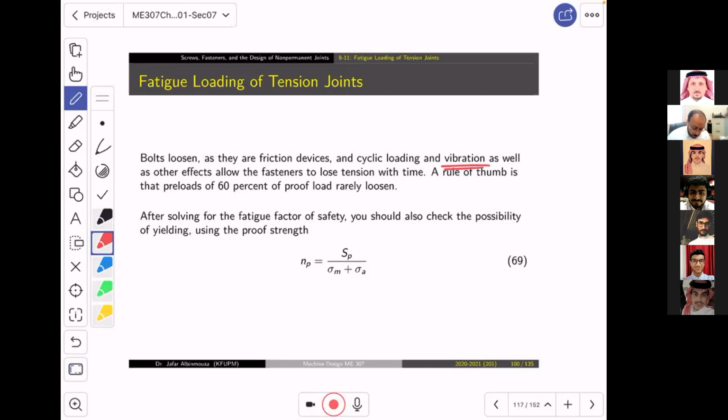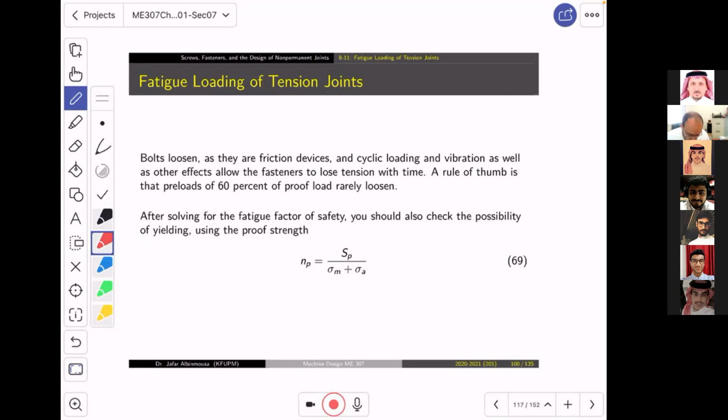And if you know, when you go to the machine shop for your car maintenance, there is a common term they use: the car needs tightening. What does that mean? It means that maybe some rubbers are broken, or some bolts need to be pre-tensioned again, because you're driving the car and shaking it more and more, and the nut may start getting loose because of that vibration.